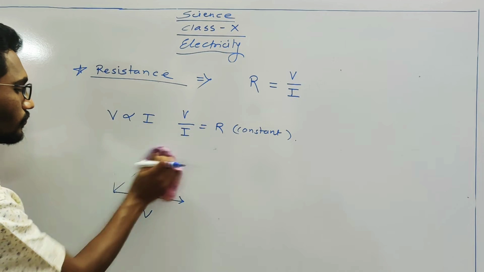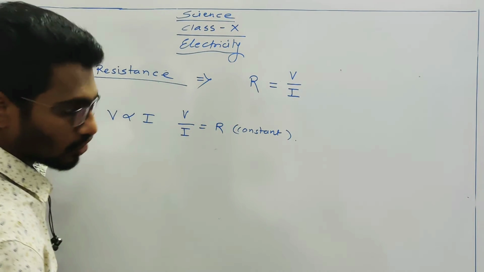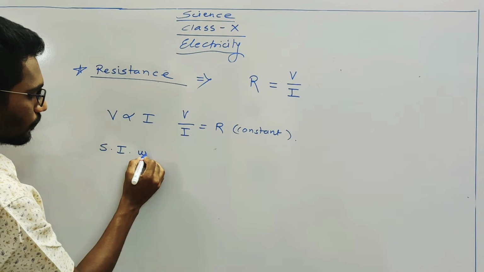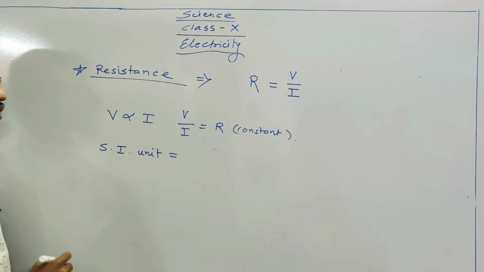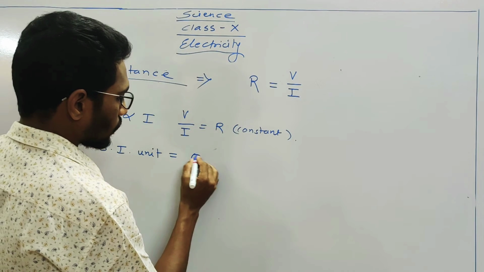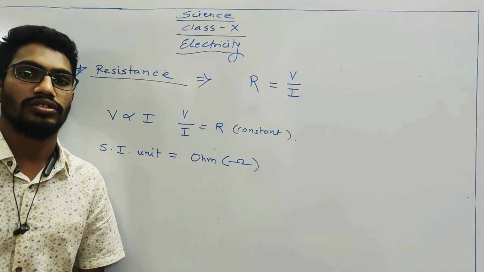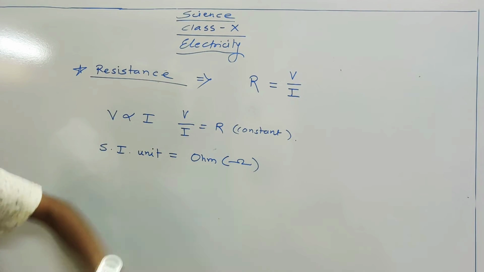Then what is the SI unit of this resistance? SI unit of resistance is Ohm, because it is given by the scientist Ohm. Okay, so having the symbol like this.